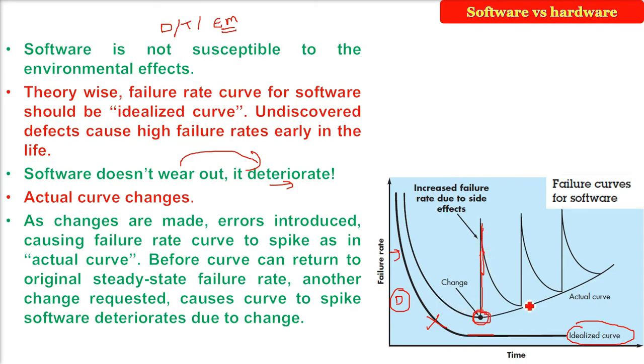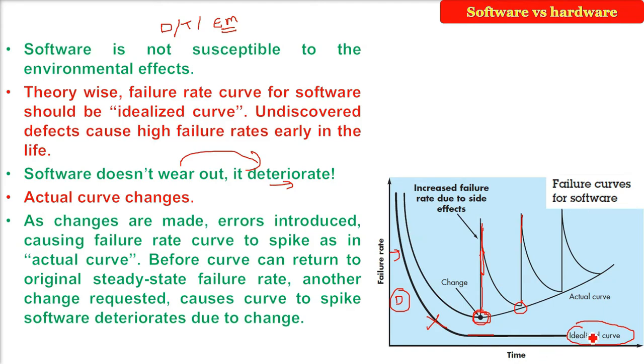Then you will solve it and try to come back to the idealized curve. But again, some changes will be requested. You will change again and there will be another spike, because these changes in the code of the software will propagate and create more problems, more defects. So this is the actual curve.